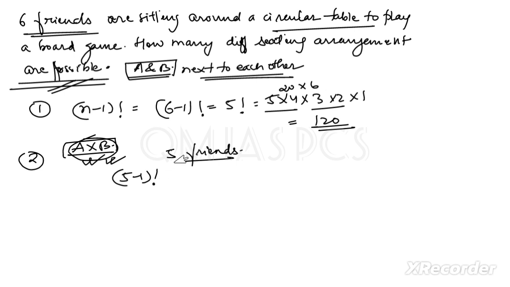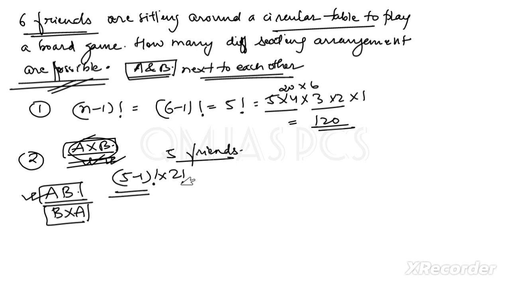But one thing you have to keep in mind: they are sitting together, but there are two conditions, A and B can sit like this or they can sit like this. The arrangement of this one is possible, or this one is also possible. So whatever your answer will be, you have to multiply by factorial 2.